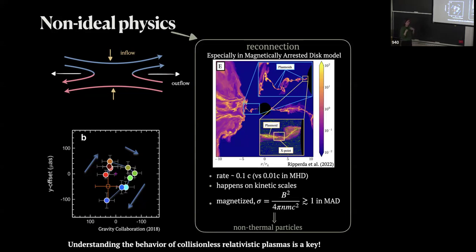So you'll have flux eruption episodes, and the time for the magnetic flux to leave the event horizon will be controlled by the reconnection rate, the rate of the reconnected magnetic field lines.